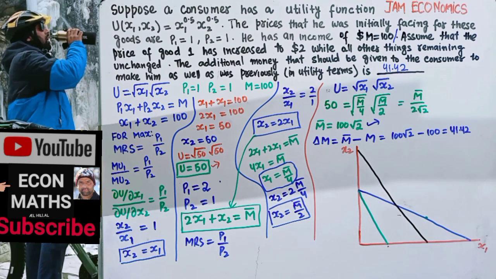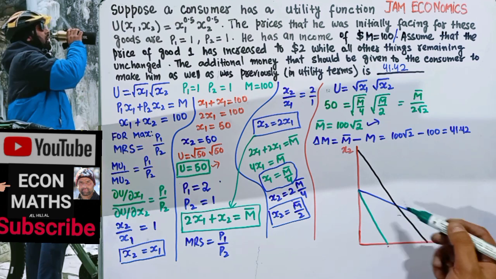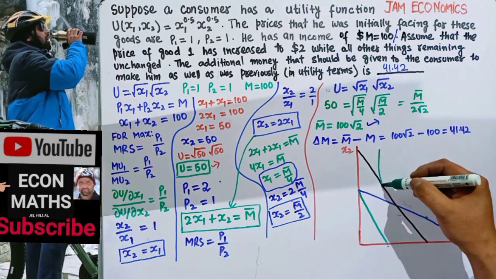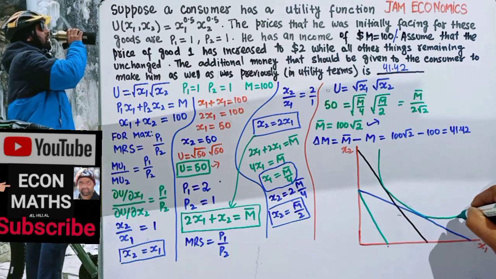I have not drawn the indifference curve on purpose here. Now I can draw it when I have released this income. I have given him additional income. That means we will have the indifference curve in this fashion. That will look like this. Okay, this is our indifference curve.